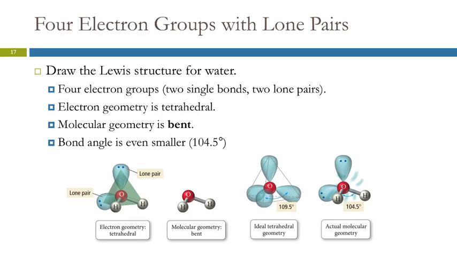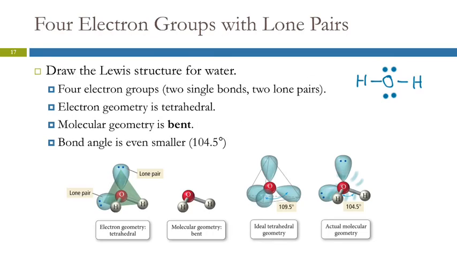So let's look at what happens with 4 electron groups with lone pairs, now 2 lone pairs. So let's look at water. Water's an awesome molecule. So we draw the Lewis structure for water, and it ends up looking like this. We look at the Lewis structure and we ask ourselves how many electron groups on the central atom? 4. 4 things make a tetrahedron.